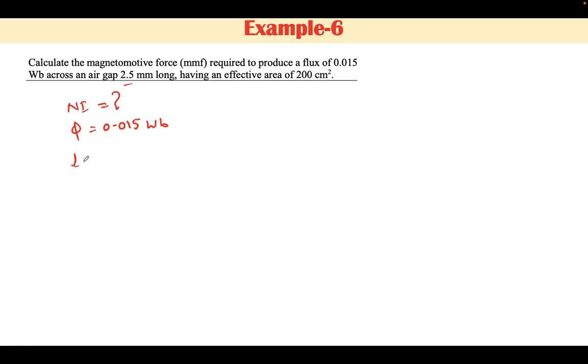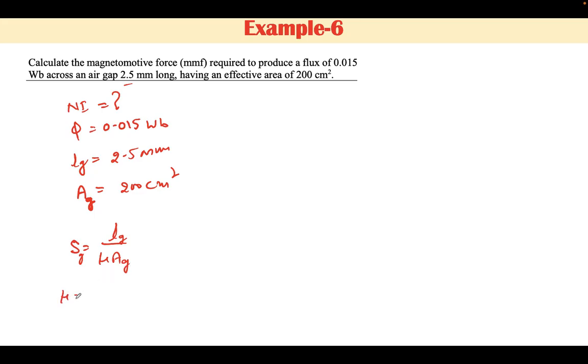Then we can say Lg, length of air gap, is 2.5 mm, and the effective area A of the air gap is 200 centimeter square. Now, by the definition, we know reluctance is equal to L upon mu A. Whether it is air gap or the iron path, the definition of reluctance remains the same, because here we are considering only the air gap, and hence the length and area of the air gap are considered.